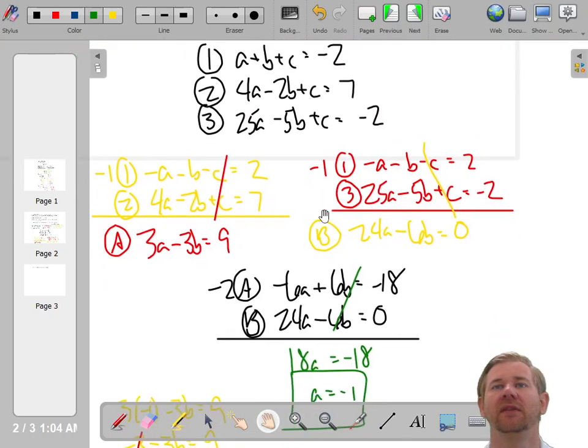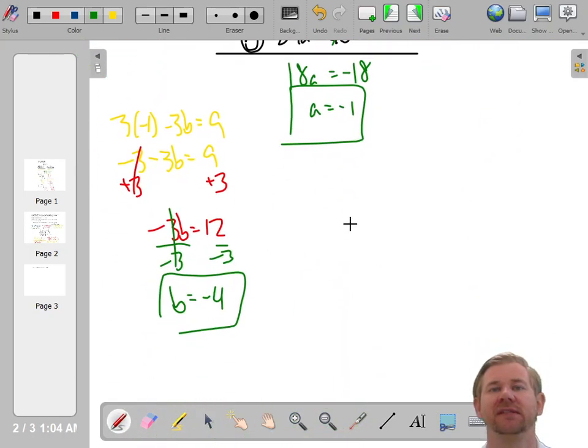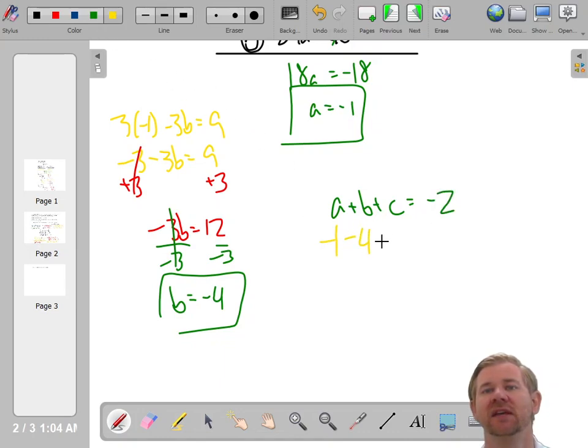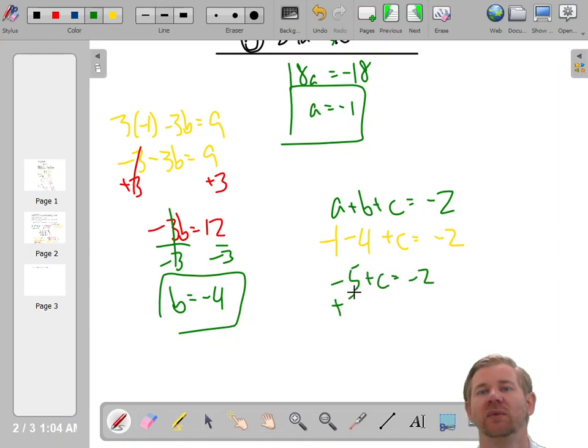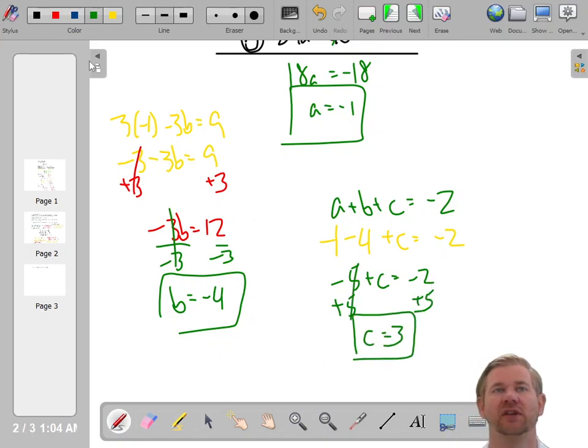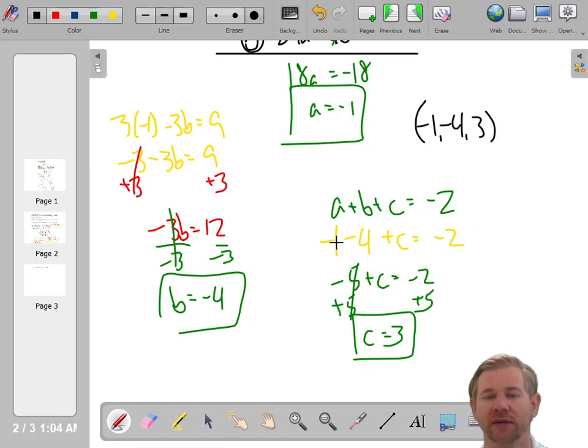I'll pick the first one, a plus b plus c equals negative 2, and I'll just plug in a is negative 1, b is negative 4. I don't know c yet. Negative 5 plus c equals negative 2, and when I add 5 to both sides, I get c equals 3. So my ordered triple, negative 1, negative 4, positive 3.